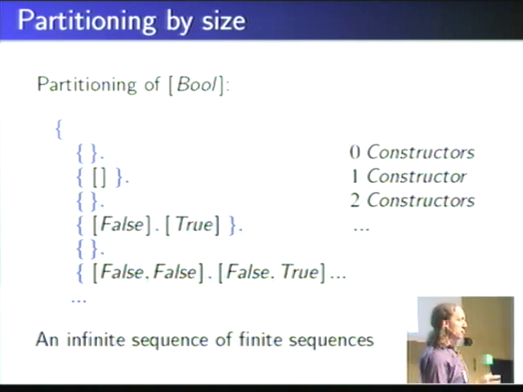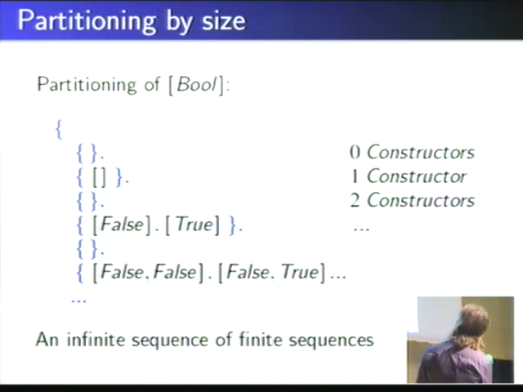So, more generally, we want to partition sets. A partition is a sequence of sequences, where each inner sequence contains values of a particular size. So here we have fixed the definition of size to be the number of constructors in a value.